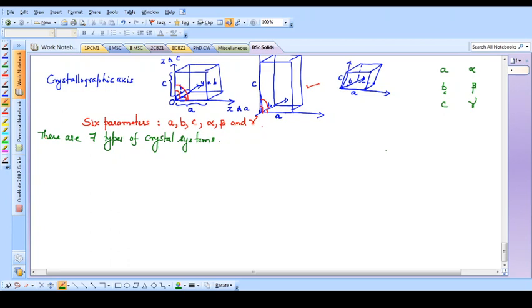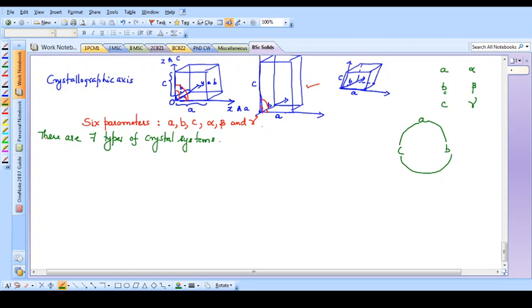How are these related? For that, let me draw a circle. I have written A, B and C, which are the three lengths along the x-axis, y-axis and z-axis, and I have joined them using a circle.